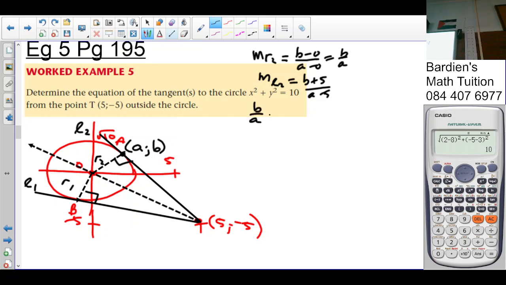So B over A times (B plus 5) over (A minus 5) is equal to negative 1. That's not going to help us.